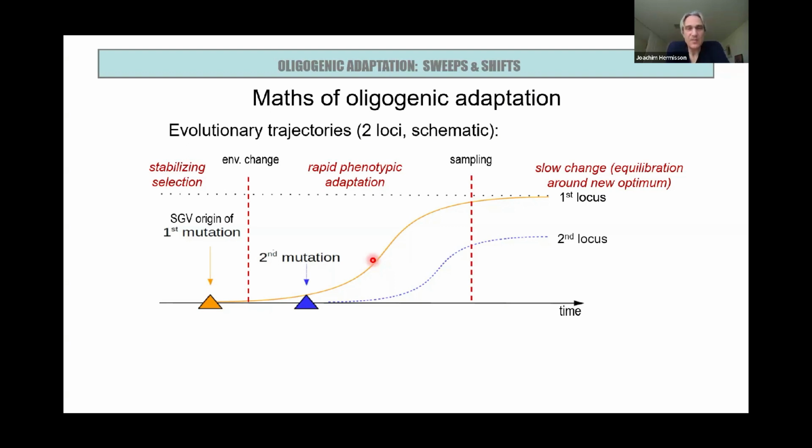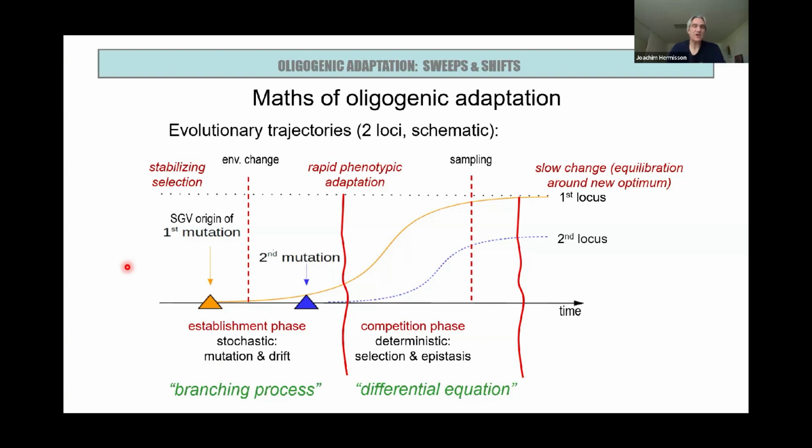Whereas in this phase of slow changes, everything becomes very vulnerable to pleiotropy, to other effects, to whatever. So it's maybe interesting, first of all, to focus on this rapid adaptation phase, where things may be a bit more stable if we deviate from model assumptions.